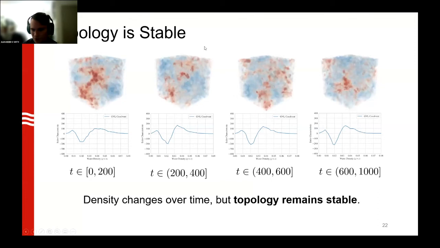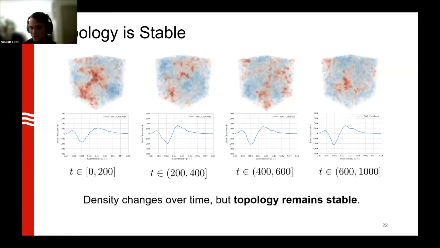So again, I just want to reiterate this really important point, and something that we've experienced in these analyses, is that topology is very stable when we measure these systems. So here on the left, we're doing an average from 0 to 200, 200 to 400, et cetera, just like we had done with the MD simulations for the two-dimensional system. And so what we're seeing right now is that these density fields are dramatically changing.